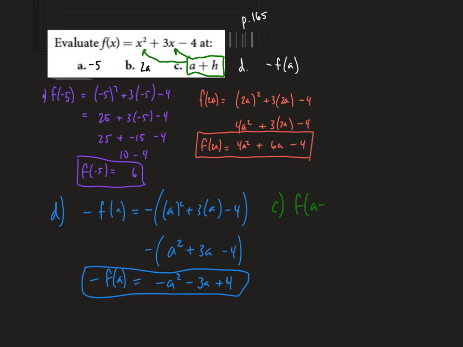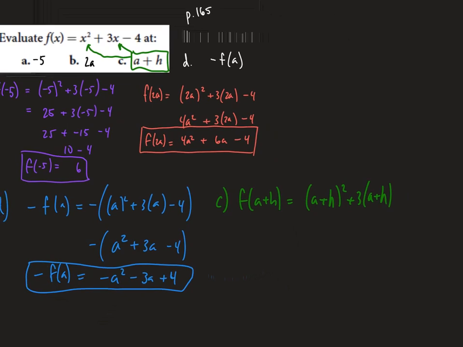So f of a plus h equals, so we're going to take a plus h, and we're going to square it, plus 3 times a plus h, and then we're going to minus 4. So I replace that x with an a plus h, so it's getting squared. Replace that x with an a plus h, so it's getting 3 times that, and then the minus 4.